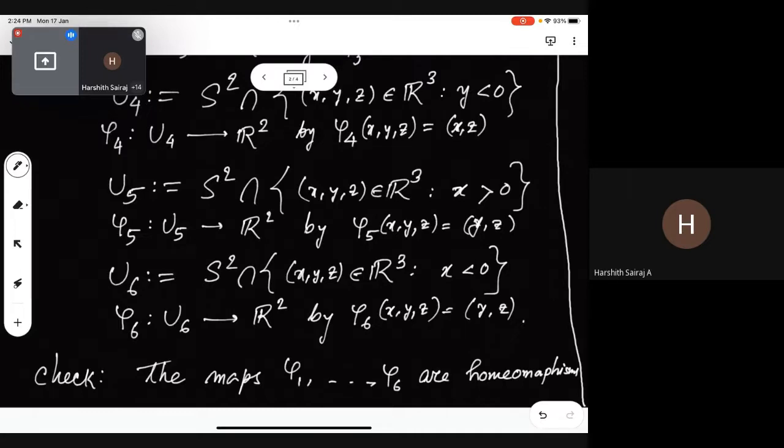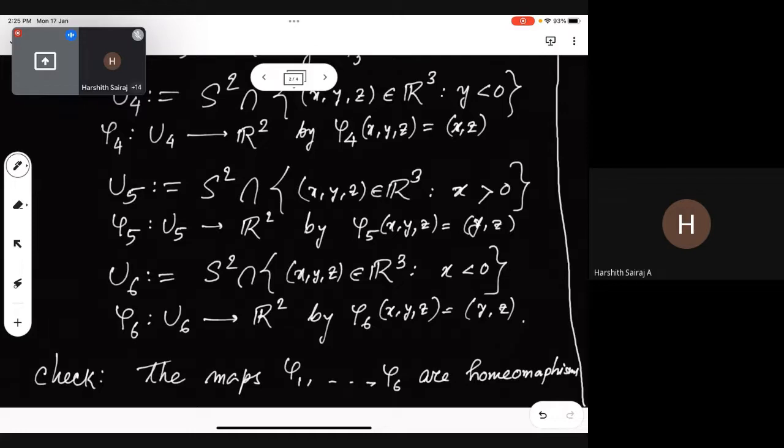Since it is symmetric under reflection around the plane, if (x, y, z) is in the sphere, then (minus x, y, z) is also in the sphere. So spherical symmetry is something very interesting. You reflect by any coordinate axis, it will be in the sphere. That's what we are using.